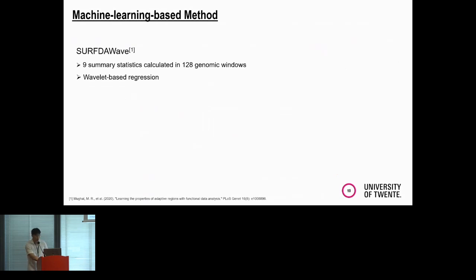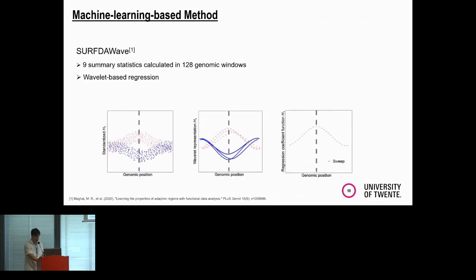With the development of machine learning, a software which combined the machine learning method and the summary statistic calculates 9 summary statistics and normalizes them in 128 genomic windows. Then, based on a wavelet regression, it obtained the feature of the selective sweep.